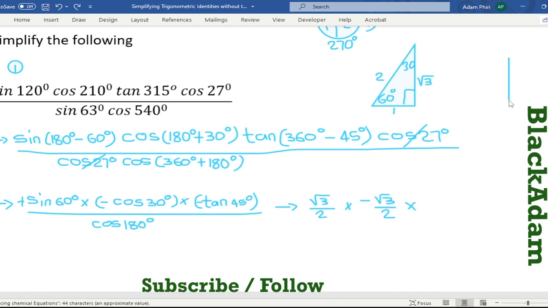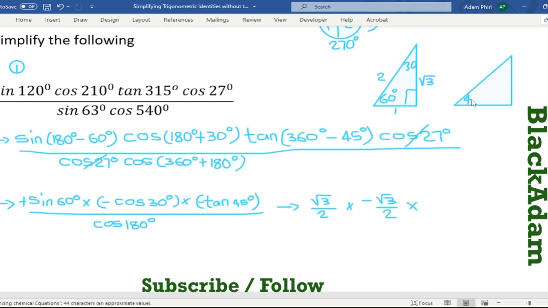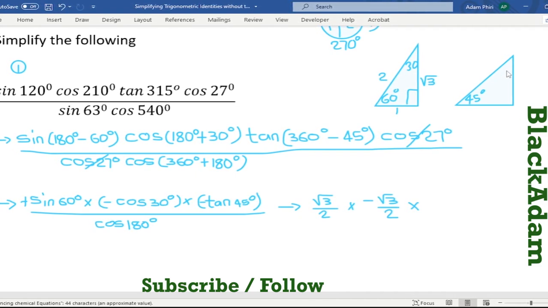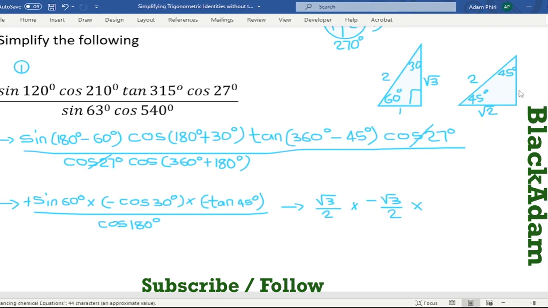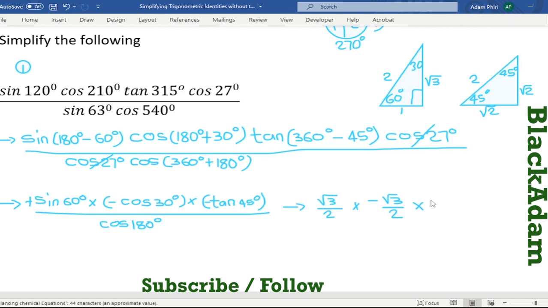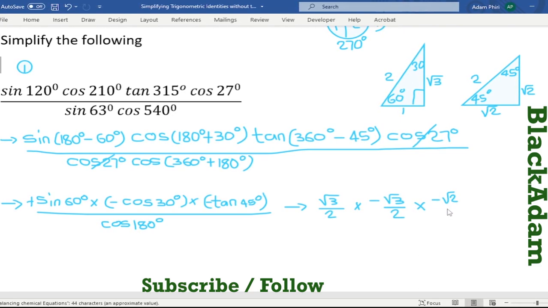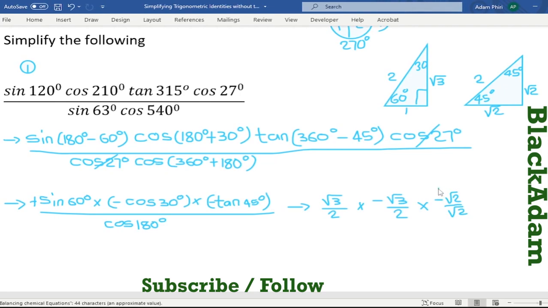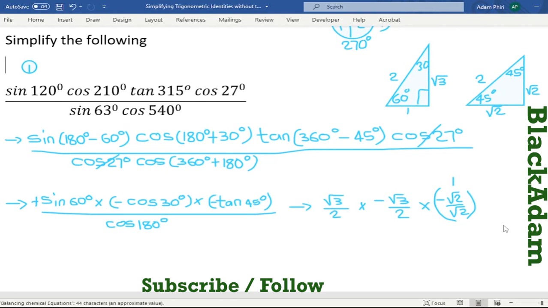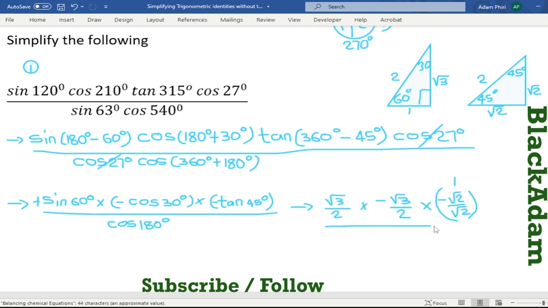Then tan we find for 45 degrees. Let's draw a special angle for 45, so it's 2, there's root 2 and root 2, so 45 degrees will mean that the y over x is root 2 over root 2. So remember, all of that is going to give us 1.